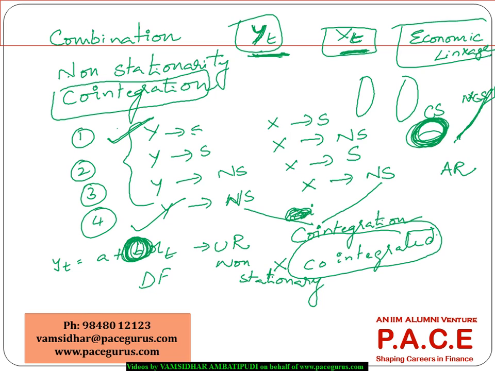And in this process, a small offbeat thing that needs to be discussed is in sample versus out of sample forecasts. Generally what people do is build a model. Let's say I have 40 sample data.